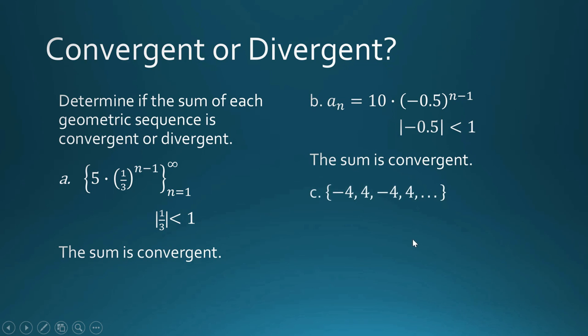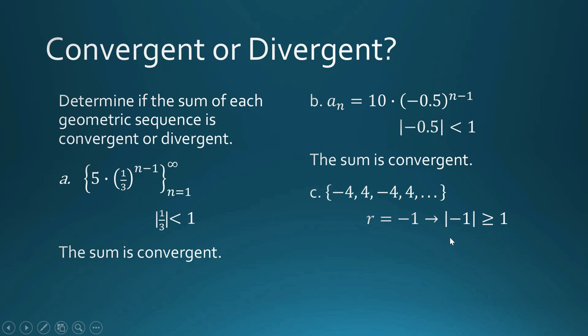How about this one? This one is an alternating sequence. Alternating sequence has something to do with the alternation of signs. Negative, positive, negative, positive. So this one is also a geometric sequence. So what do you think is the common ratio? Well, the common ratio is -1. You pick any pair, you get the ratio, it's -1.